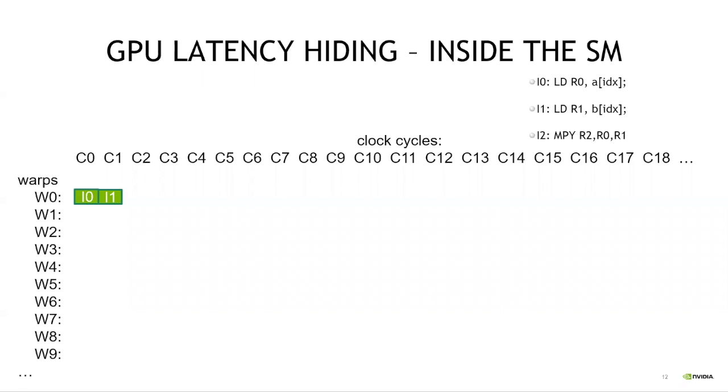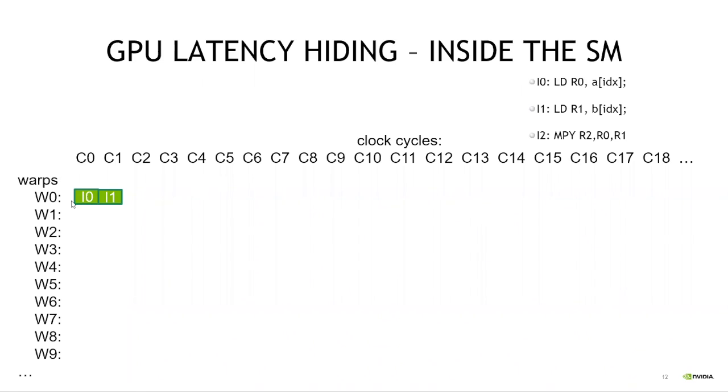But after issuing instructions I0 and I1 to warp 0, my next instruction is I2. Can I issue I2? Well, I can't, because I0 and I1 are still in flight. In other words, I have issued those instructions, but the registers R0 and R1 are not yet populated with valid data because there is latency.